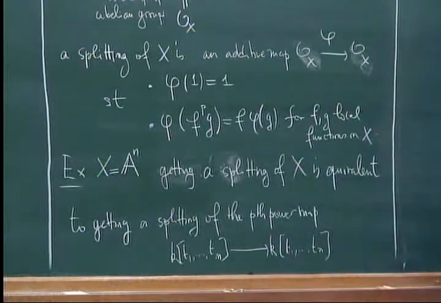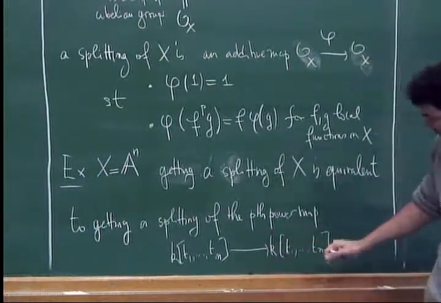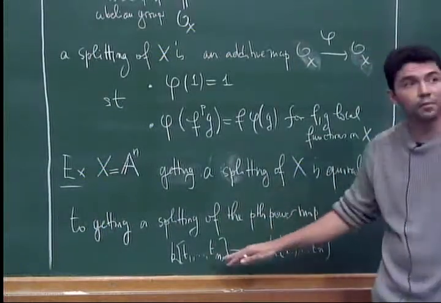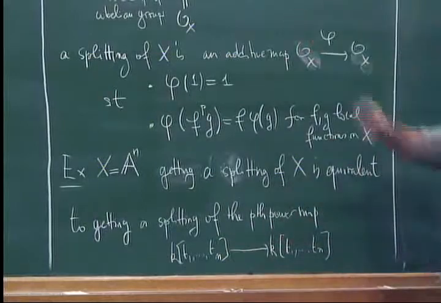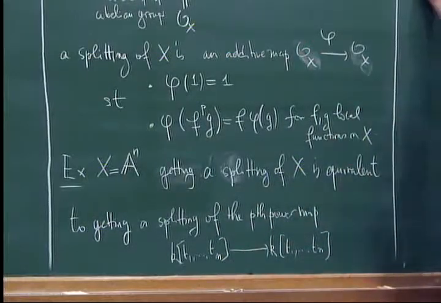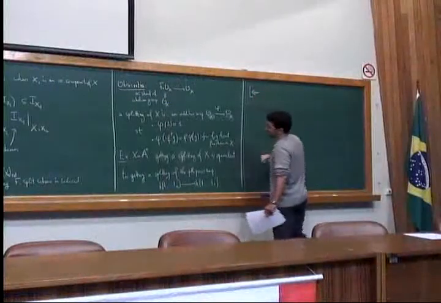So the only thing that is not completely clear is that, given such a map, can we construct a map of sheaves? But you don't have any choice.